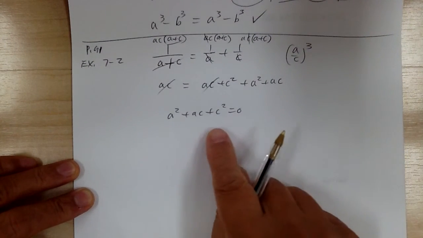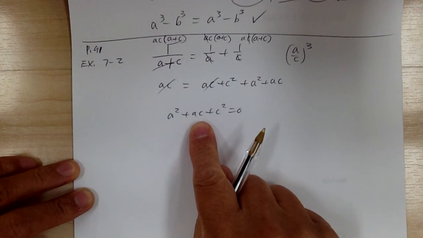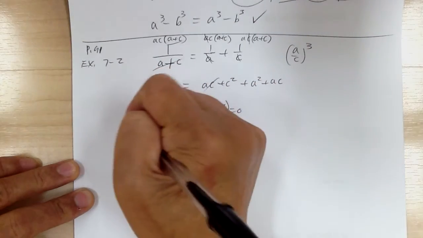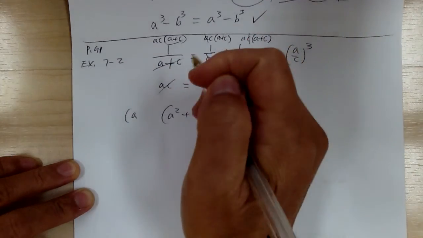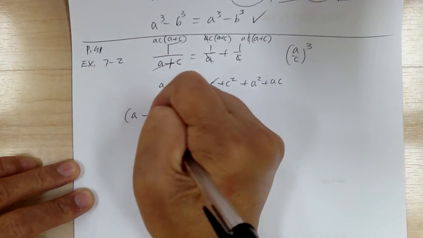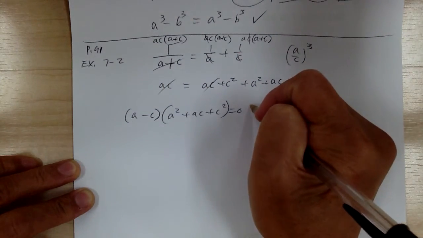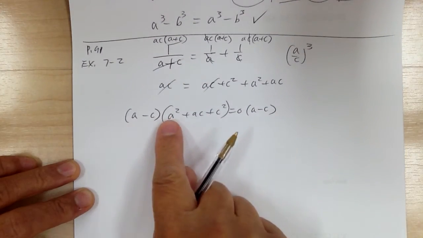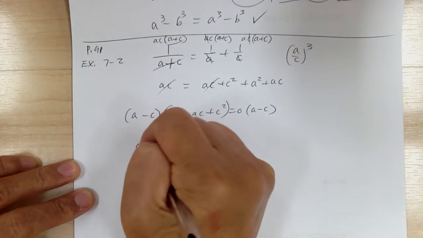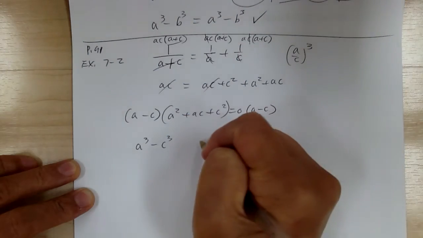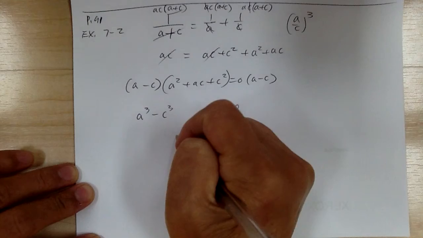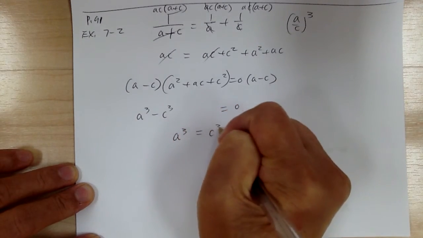And again, remember this is part of the cube, okay? So if you multiply by a minus c on both sides, this becomes a cubed minus c cubed equal to 0. And you move this over, so you got a cubed equal to c cubed.